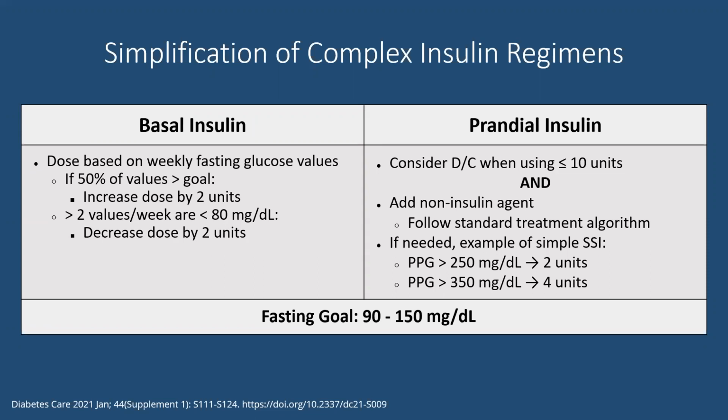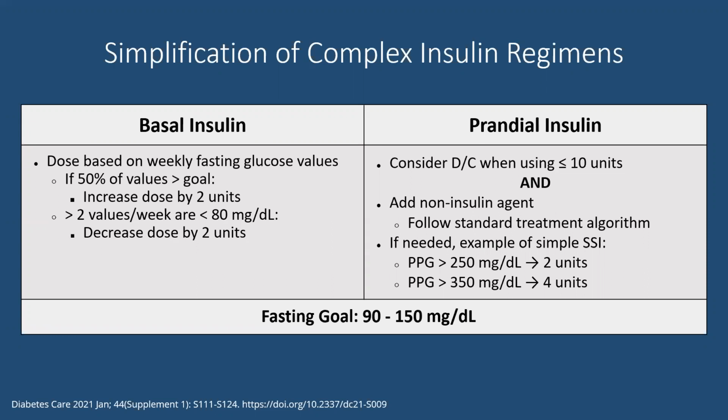For prandial insulin, if you're using less than 10 units total daily dose, you can probably discontinue the insulin altogether. Again, when you're titrating prandial insulin up or down, you're going to do it much slower than you would in an average adult.